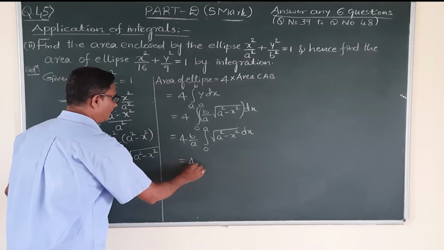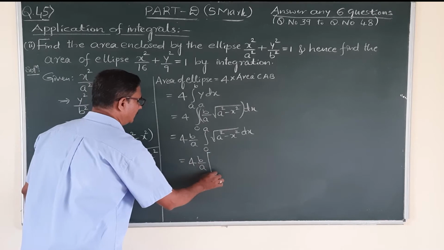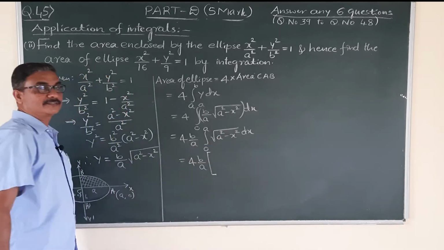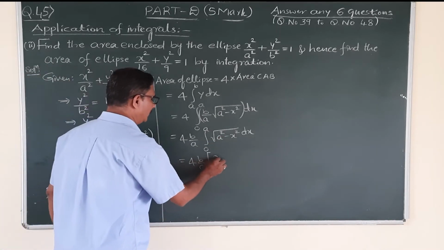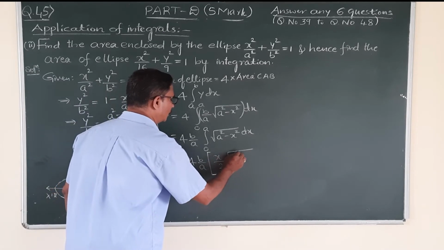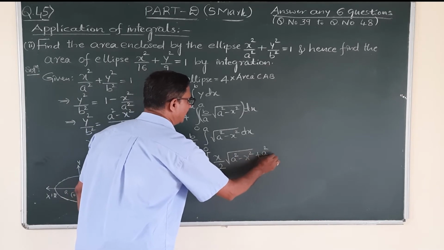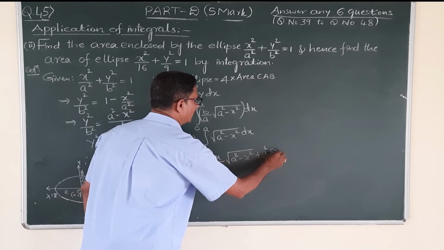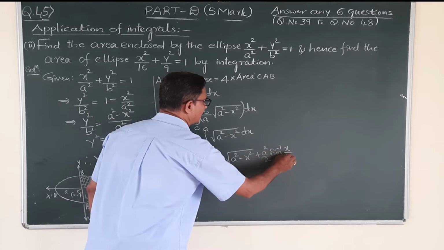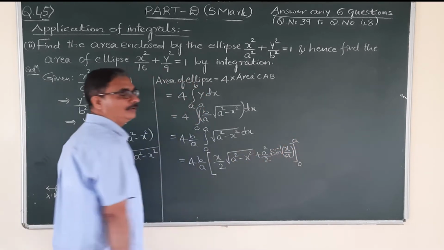Now that is 4b by a. Remember the formula for integration of root a square minus x square: x by 2 under root of a square minus x square plus a square by 2 sin inverse of x by a. This is the formula between the limits 0 to a.